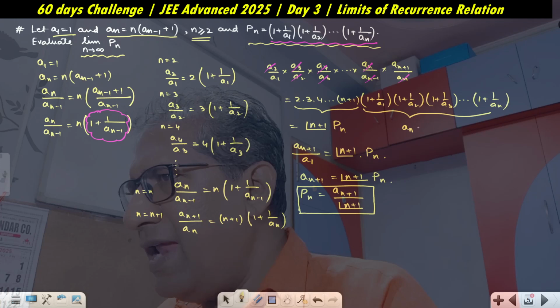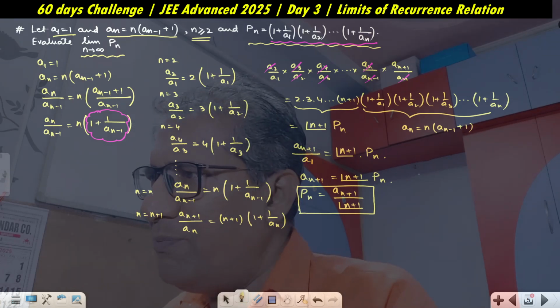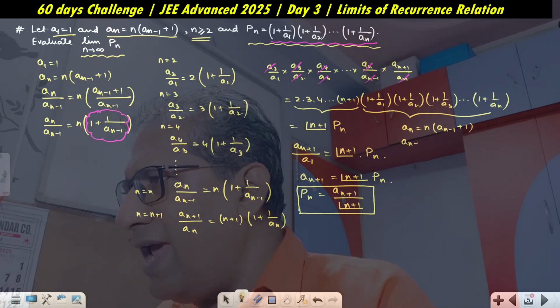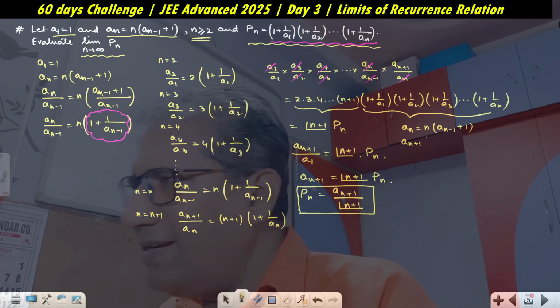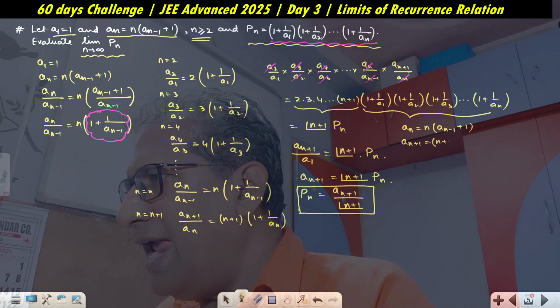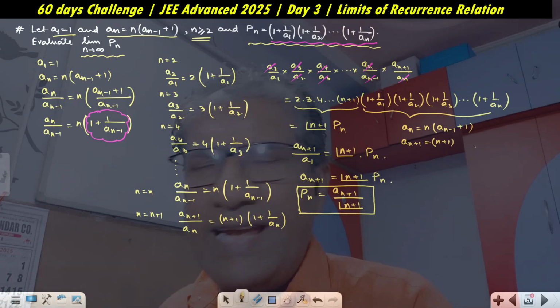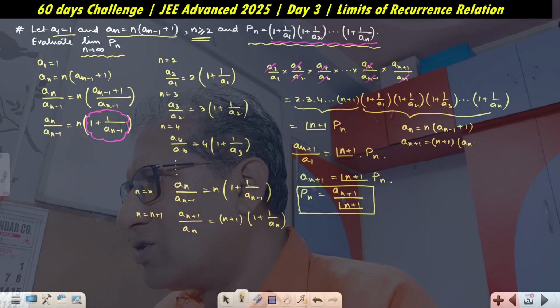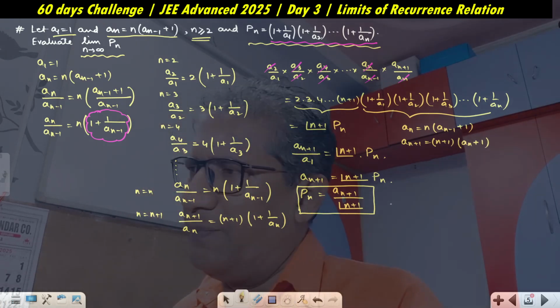It is an is n into an minus 1 plus 1. Now, what is your an plus 1? It is coming to n plus 1. In place of n, I am writing n plus 1. So it is an plus 1.